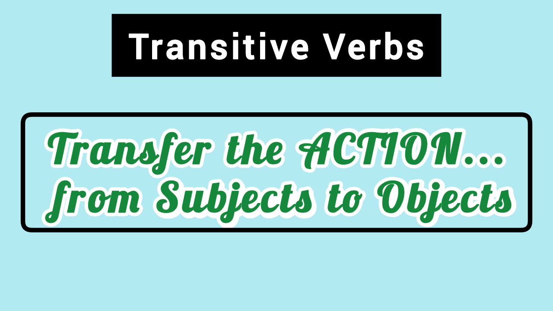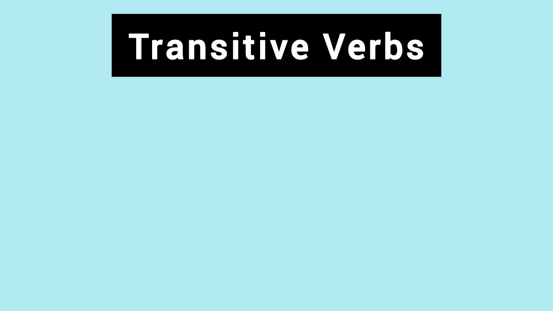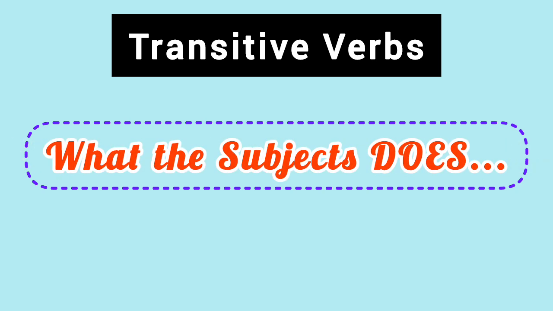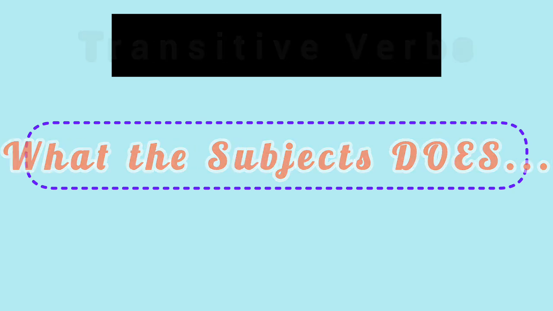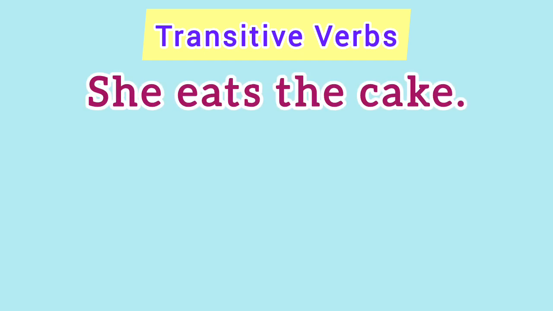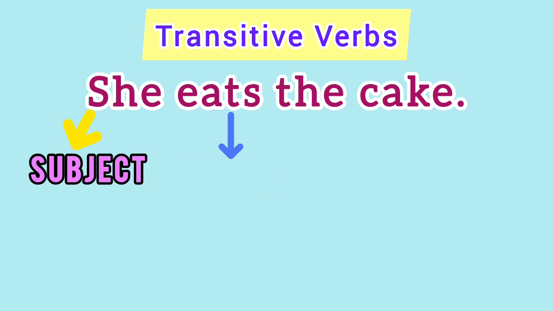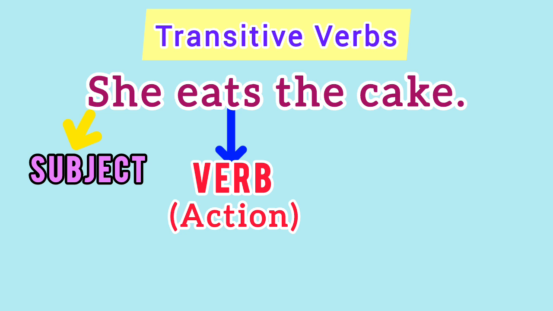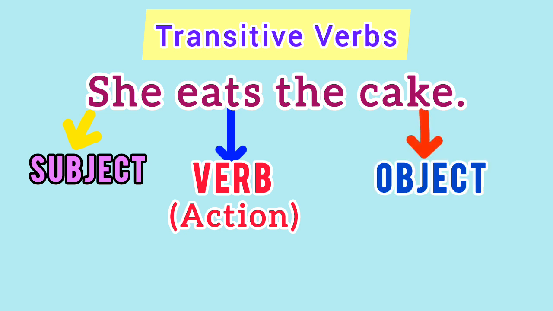And this type of verb, that is transitive verb, denotes what the subject does. So, let's take a comprehensive example to understand the transitive verbs concept clearly. The sentence is, she eats the cake. In this sentence, she forms the subject. Eats is a verb because this word eat is actually denoting the action, whereas the cake forms the object.